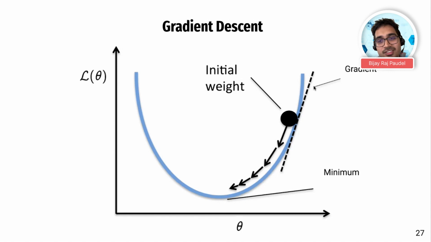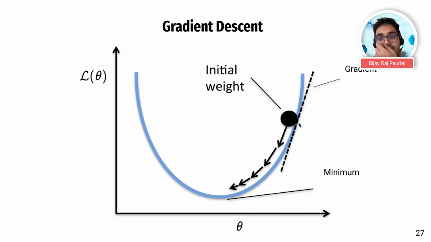You can plot this as a one-dimensional plot. Using one set of weights, you calculate that loss and get a point, and you want to minimize the loss and reach the minimum level, the bottom of this parabola.